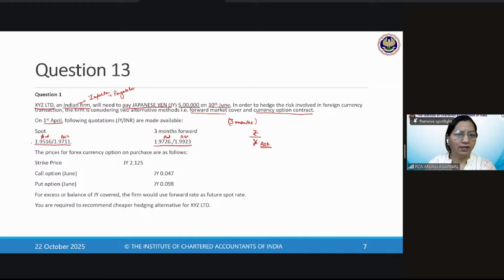So, 1 Indian rupee is equal to 1.9516 Japanese yen. So the rate that is given to you is yen per rupee, right? Japanese yen divided by INR, 1.9516 and 1.9711. So, you need the inverse quotes. These quotes are direct quotes. What are the rates given in spot?